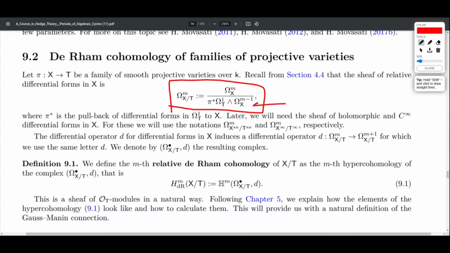And it turns out that we have a complex of the relative differential forms. So when we have the complex, then we can define the relative algebraic de Rham cohomology in a similar way as the non-relative case.